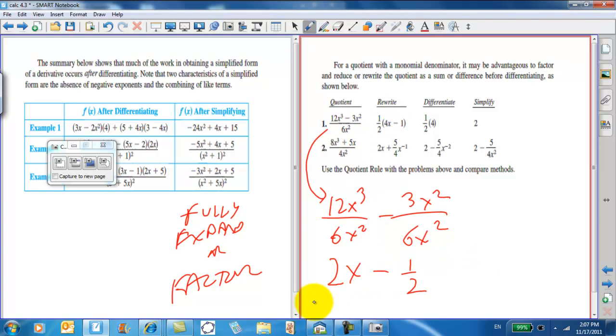And when I take the derivative, it would be the derivative of 2x, which is 2. And the derivative of a half is 0.